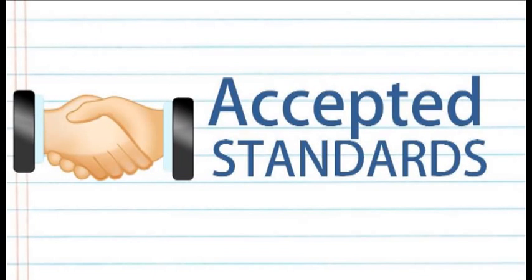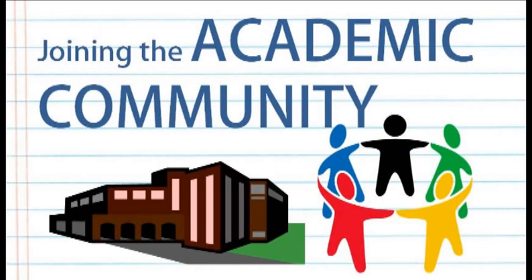In learning this new language, we must learn the proper conventions of how professionals speak. Part of this means using an accepted standard for citation, even though at times it may seem a bit too particular. After all, we want to join the academic conversation, and we want to be taken seriously.